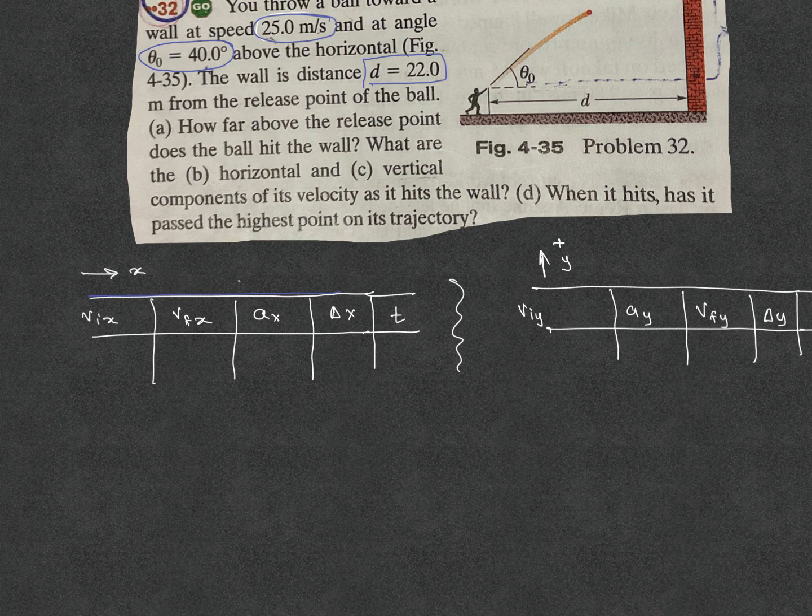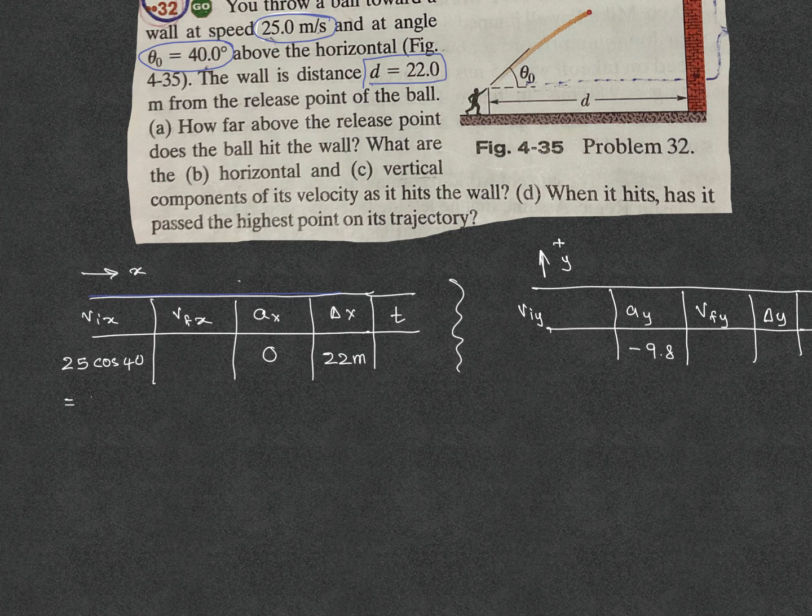Now, the things that we know: AX is 0, AY is negative 9.8. Delta X is given to us as 22, in SI units, 22 meters. And VIX we can take as 25 cosine 40. Check your calculator, I may have these things wrong.